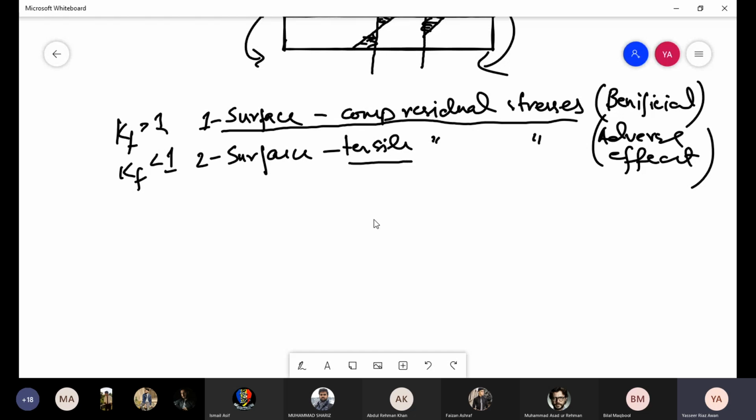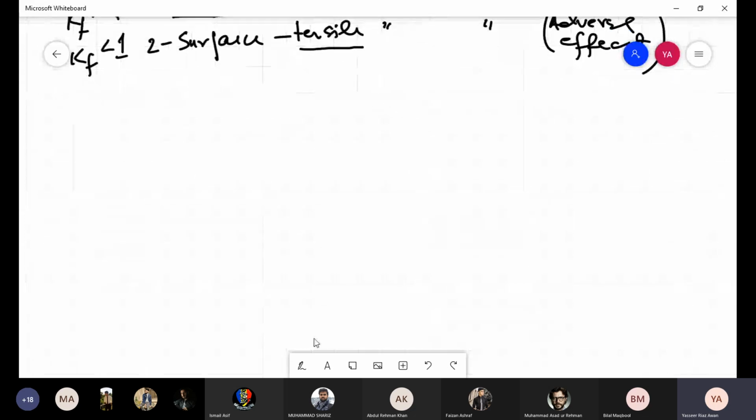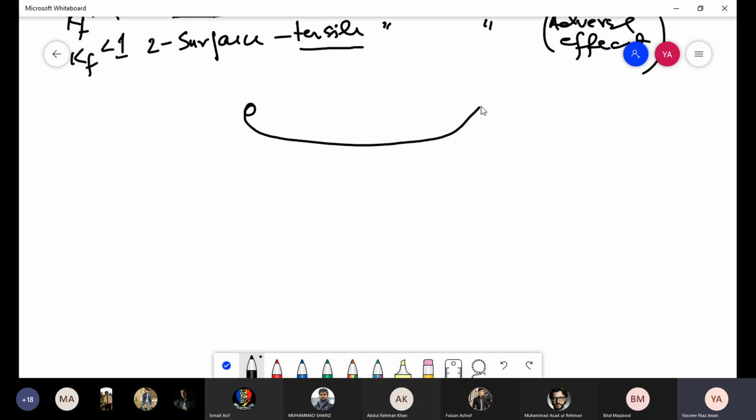Okay, so let me just quickly tell why. For example, if you have a leaf spring, something like this, you have manufactured this, and then you bend it like this to take it into the final shape.